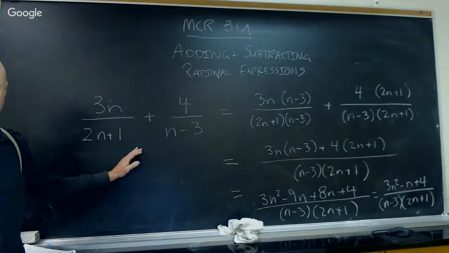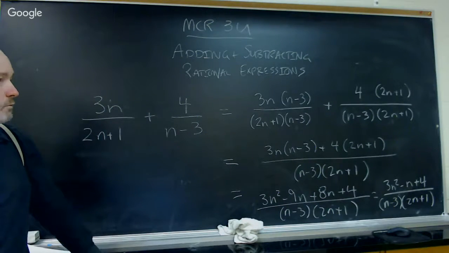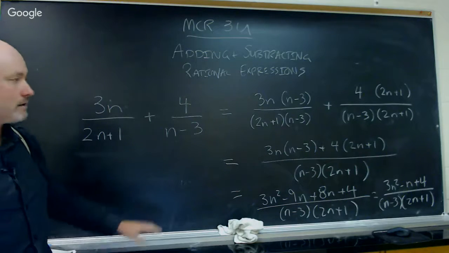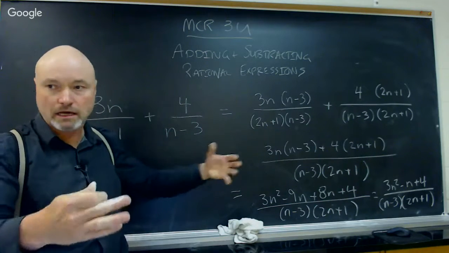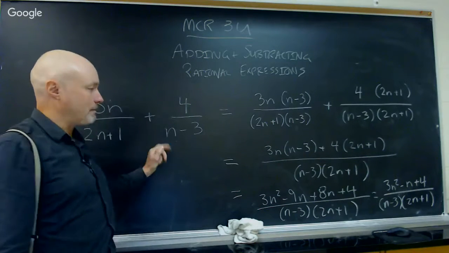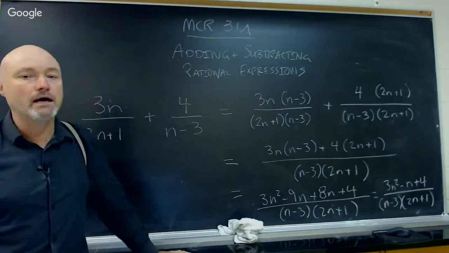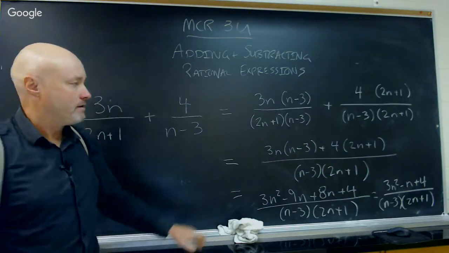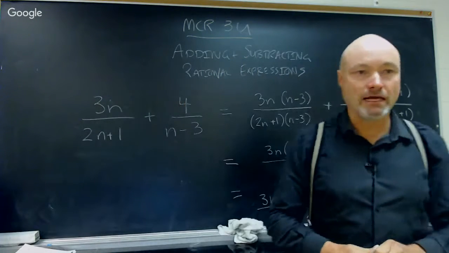Okay. So there's the first thing we've got going on. We've got binomials. We just find the common denominator. We hit it with the bomb. We just multiply the two denominators together, and we automatically get a common denominator. In this case, it can't be any simpler.